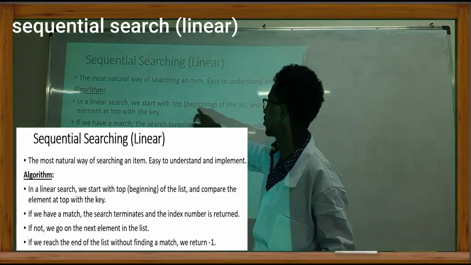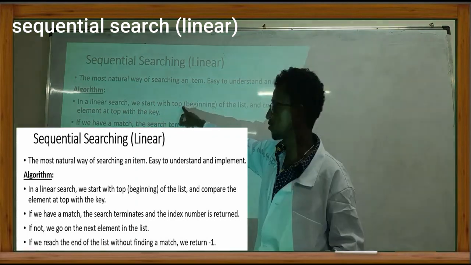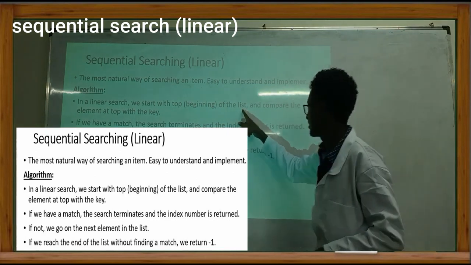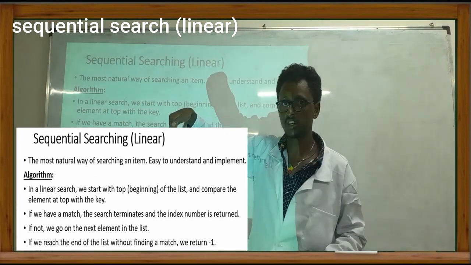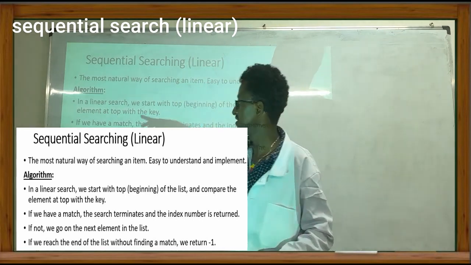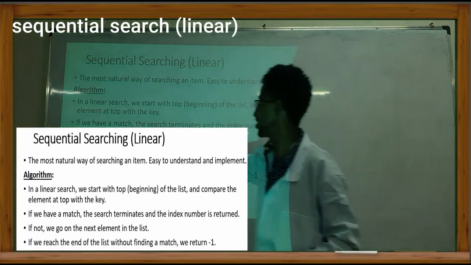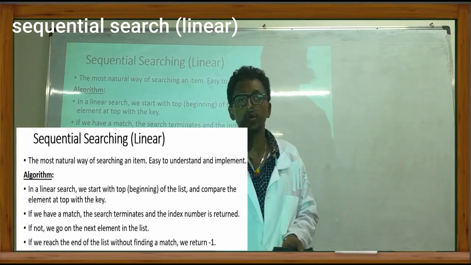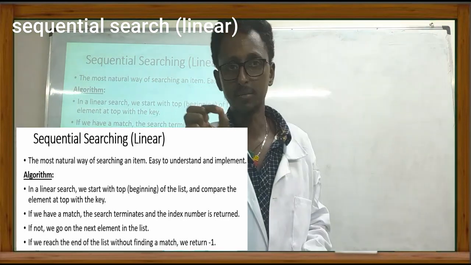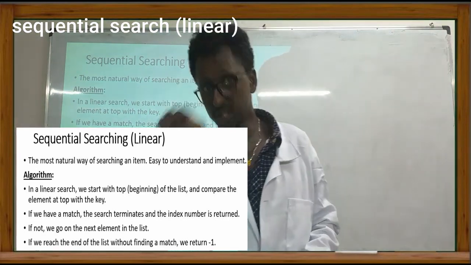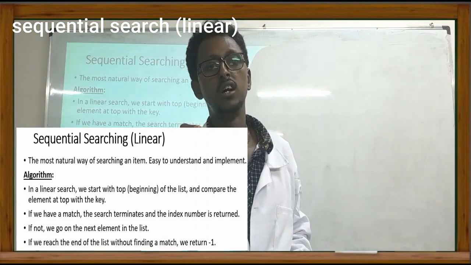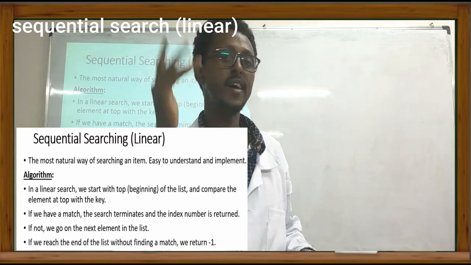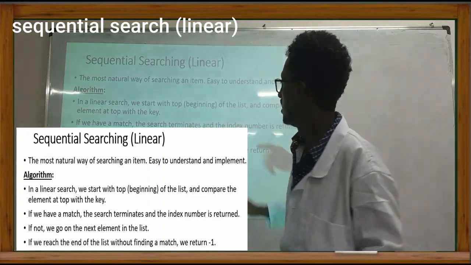The algorithm is implemented like this in a linear search. We start with the top, the beginning of the list, and compare the element at the top with the key. If we get a match, that means the array value is equal to the required target value, the key.